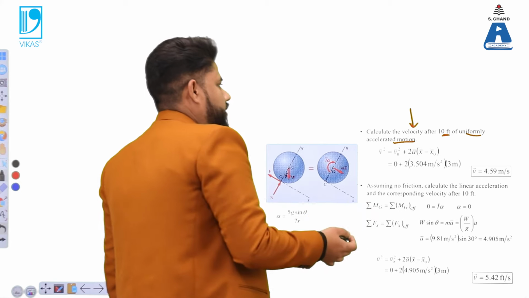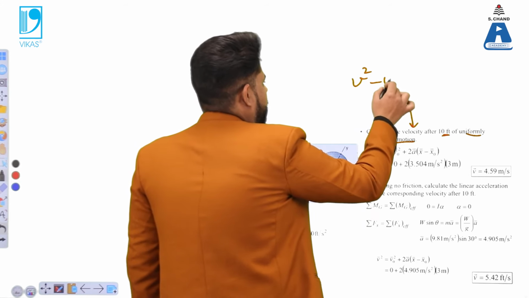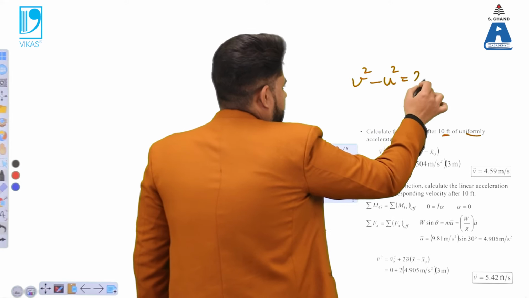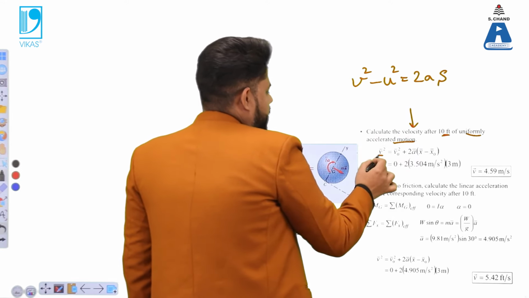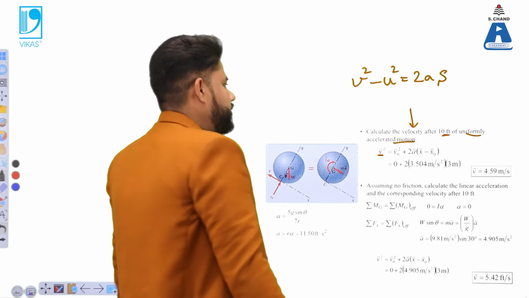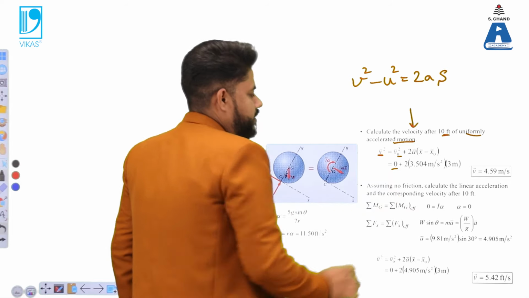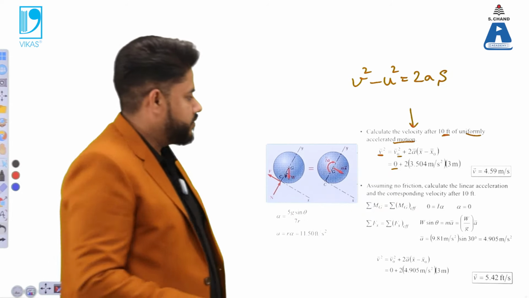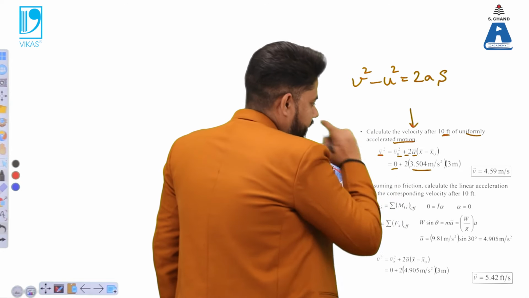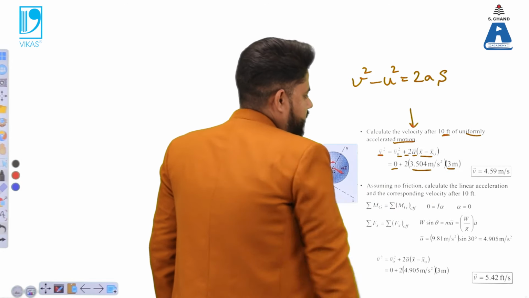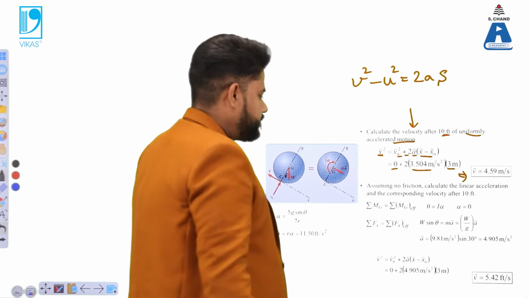So we need to use the kinematic formula, v square minus u square equals 2as. So we have two components, one is the final velocity, another is the initial velocity. The initial velocity is mentioned to us as 0, plus 2 into the acceleration we have already calculated, and the distance mentioned to us is 3 meters. So from there we can find out the final velocity.